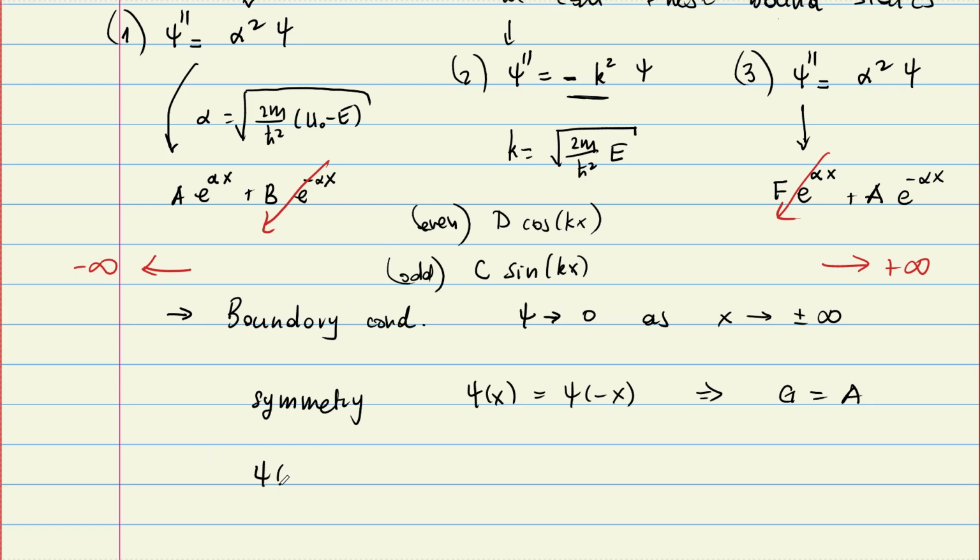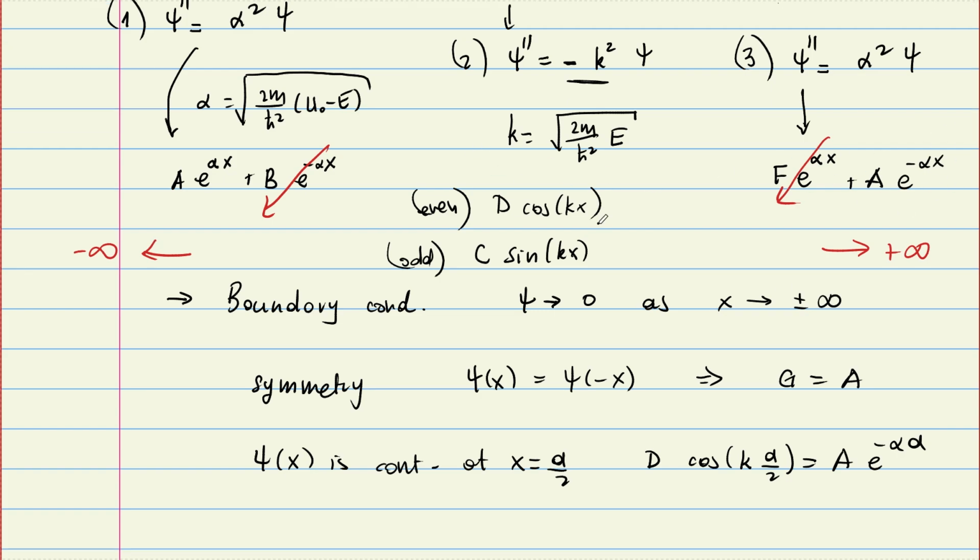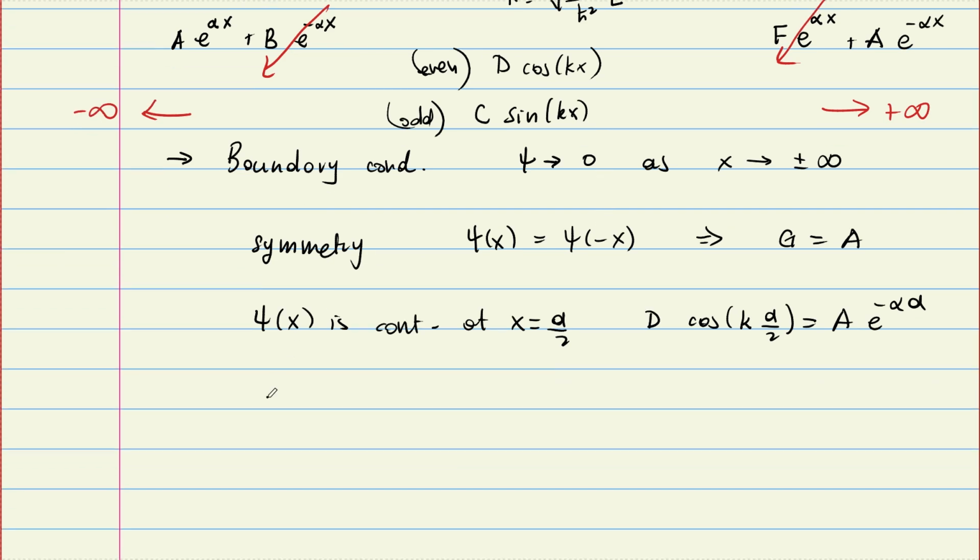Lastly, psi of x is continuous at x is equal to a over 2. That's going to give me d times cosine k a over 2 is equal to a times e to the minus alpha a over 2. Right, I just substituted this and this. And psi prime of x is continuous at x is equal to a over 2.